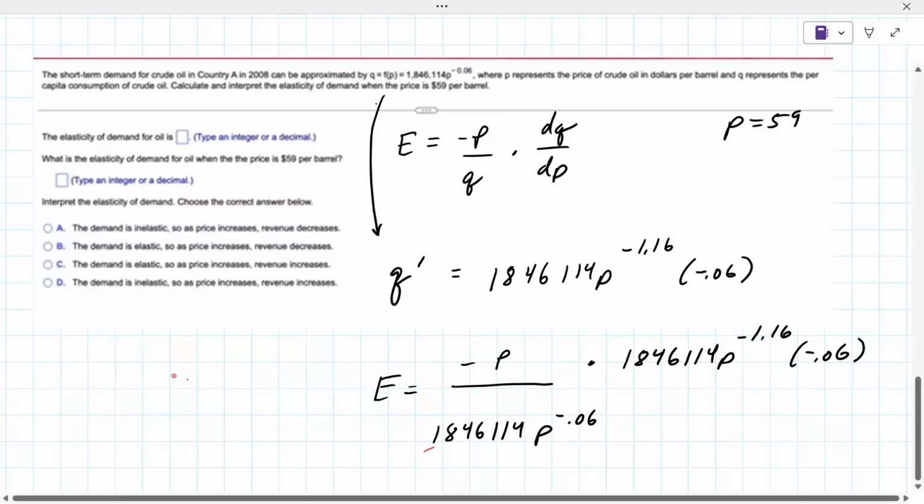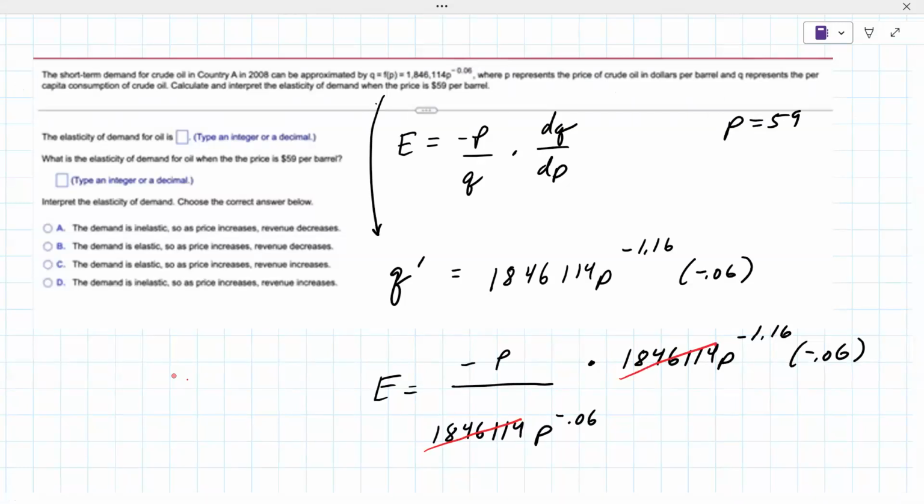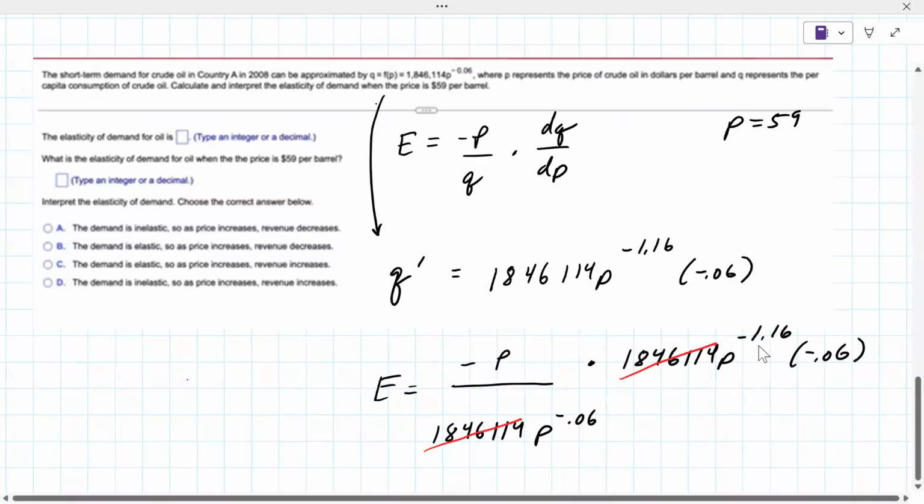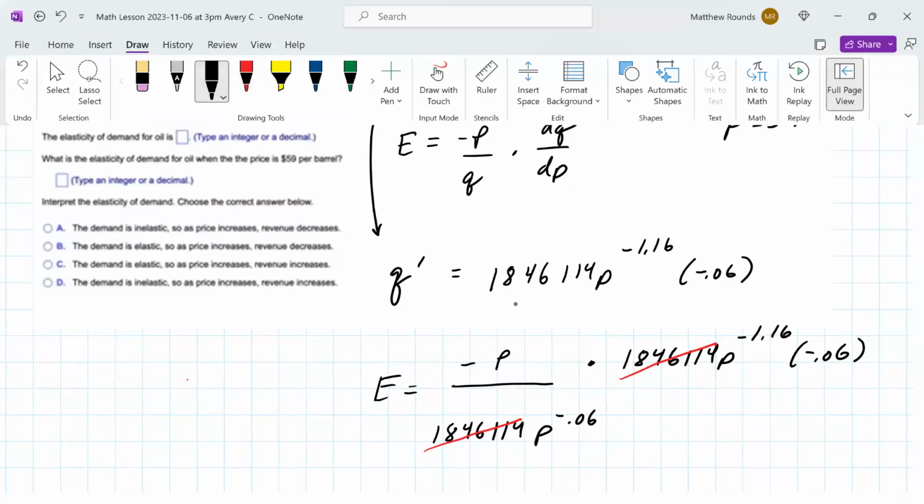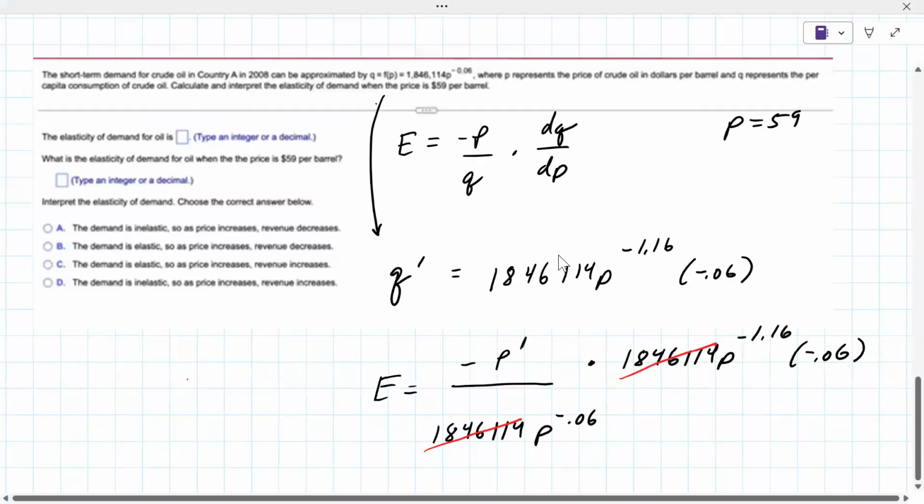So this number cancels with this number. And when the bases are the same, you add the exponents. Because P and P are the same, you can add the exponents.